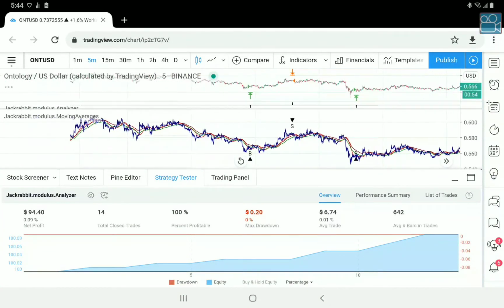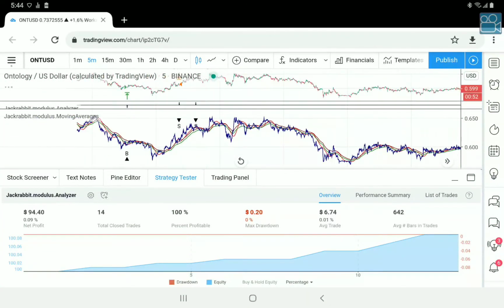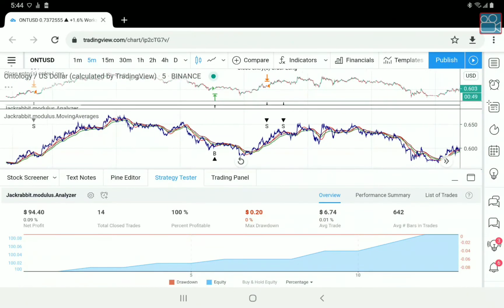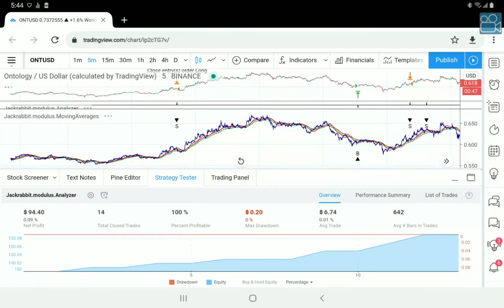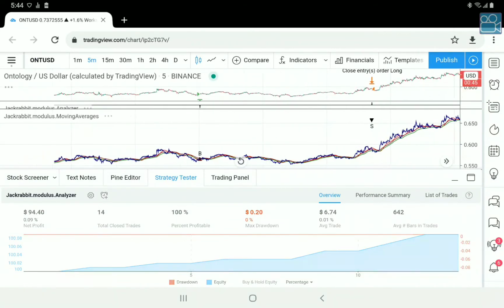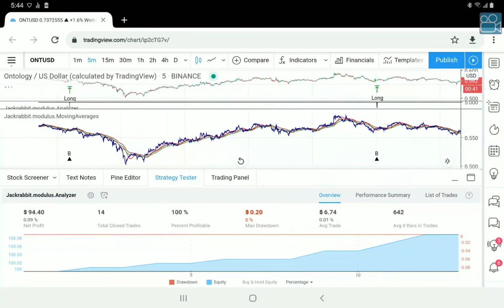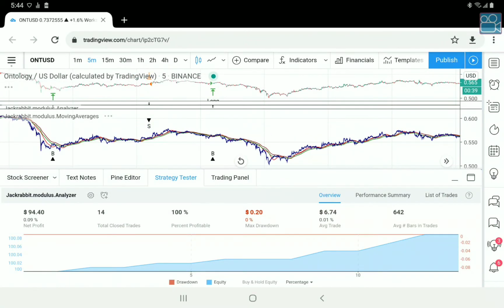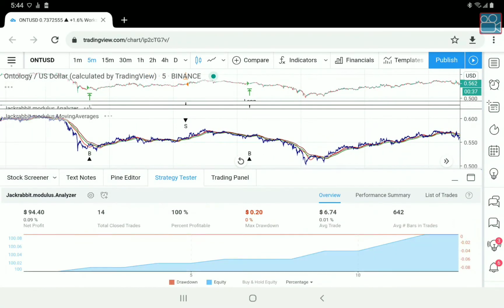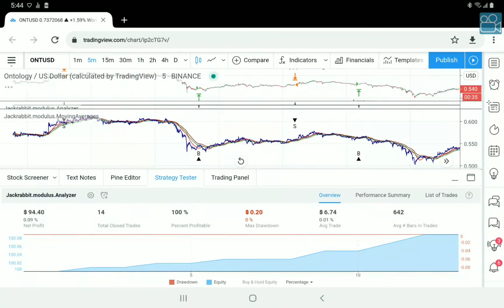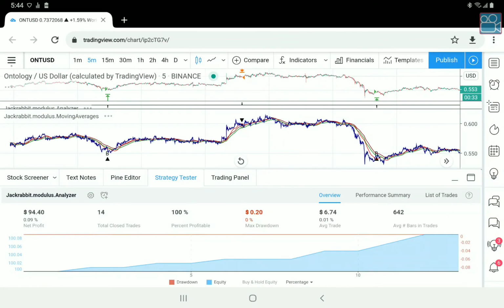A $100 position. $100 position. So it looks almost a 1-to-1 ratio. So far $200 is the highest we've gone.